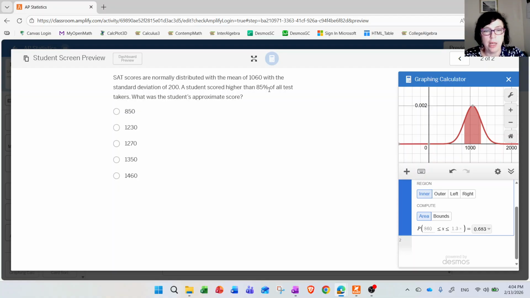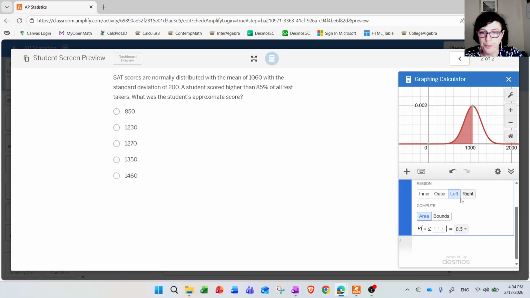A common mistake is to switch it around. What that means is that 85% of people are below him. So we're looking for the value such that 85% of the area is below that value. Because of the word below, you're going to need to choose left for the region.